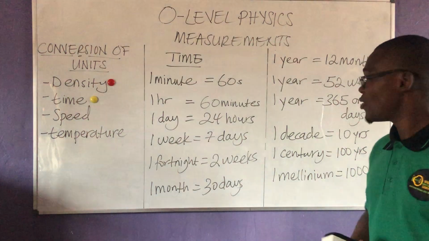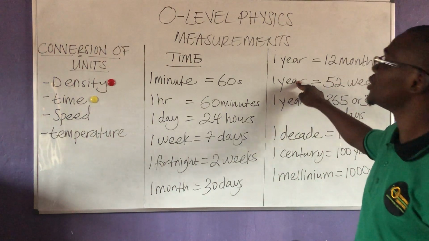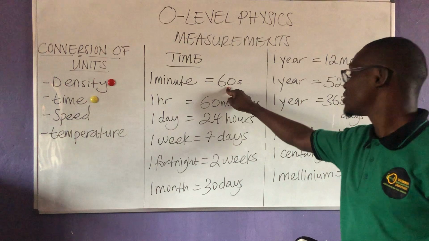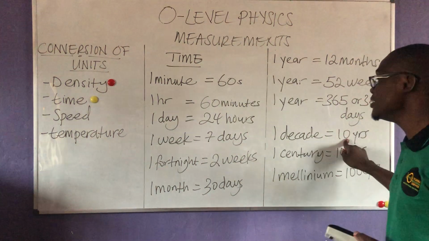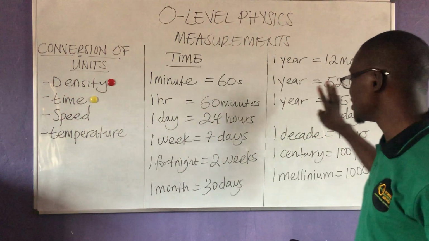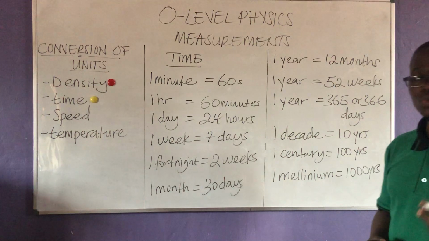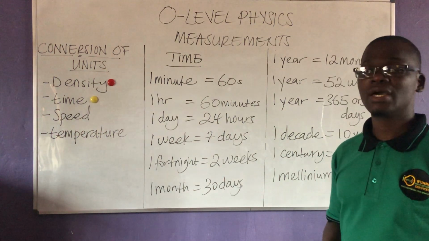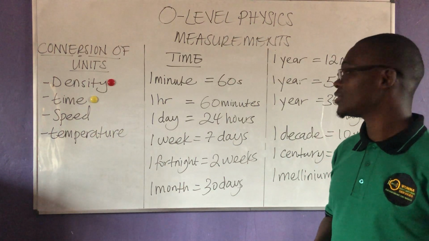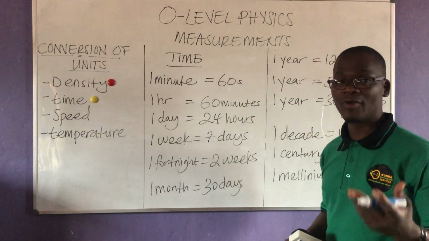For instance, we can convert a year into seconds. We can convert a decade into minutes using this mathematical relationship. Now I'm going to do 2 examples, then I will leave you with 2 to 3 trial numbers for your own evaluation.